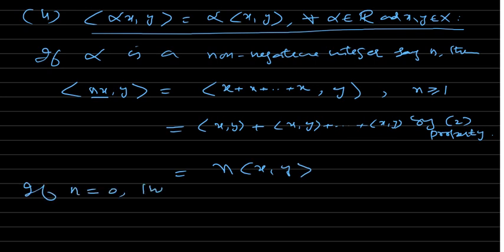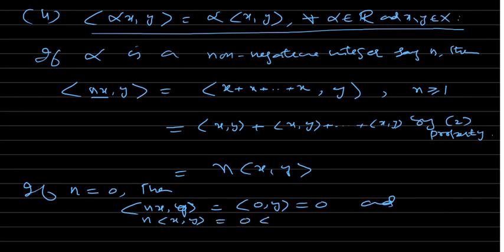Then n x with y is equal to 0 with y, because n is 0, that's equal to 0, and n times inner product x y is 0 times inner product x y, that's also equal to 0. So in that case also we can take n outside.